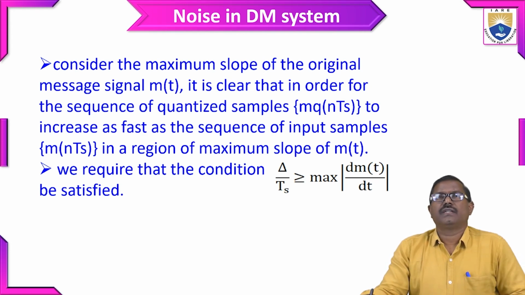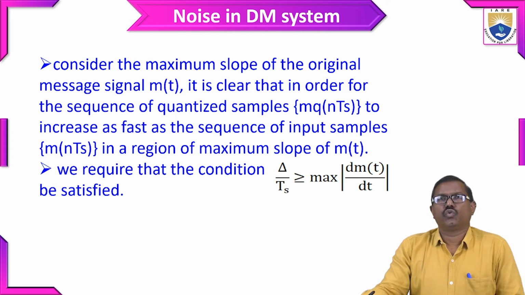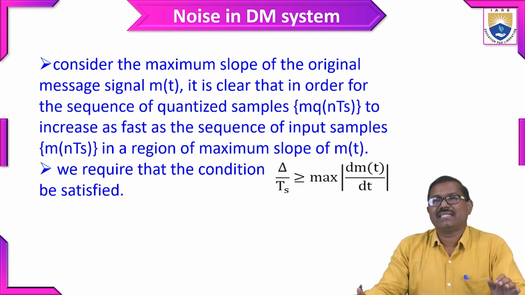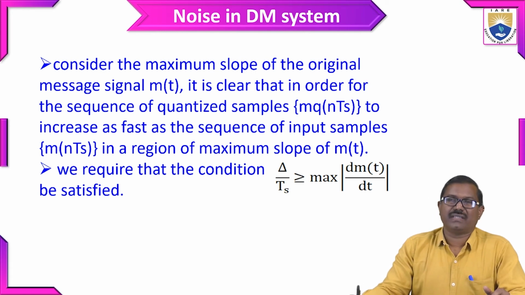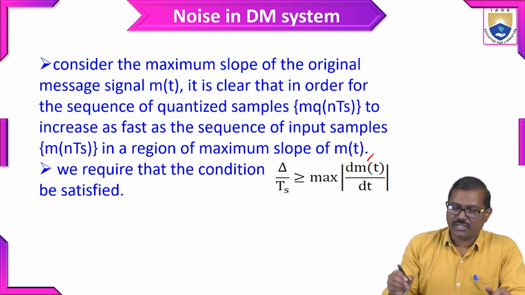So the condition required to avoid this slope overload is delta by Ts greater than or equal to the maximum slope of the message signal. Here m of t is the message.